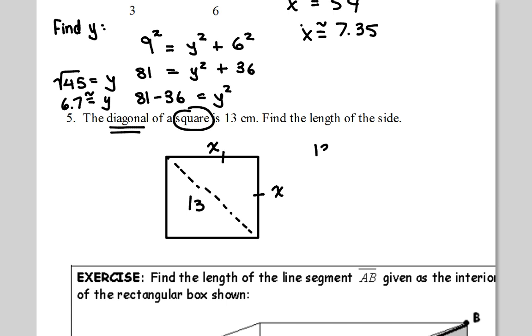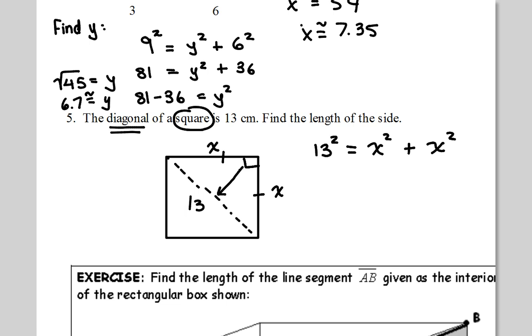So now when we do our Pythagorean theorem, remember the long side is across the 90. So 13 squared will be alone on the left. That's the c squared. And then here we have an x squared plus an x squared. Now I will ask you a question, completely unrelated, maybe.